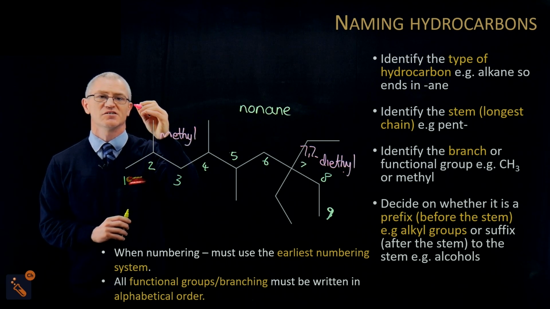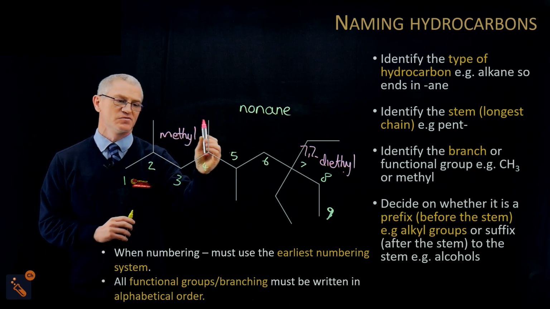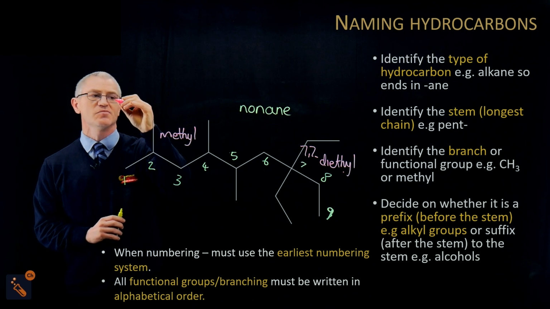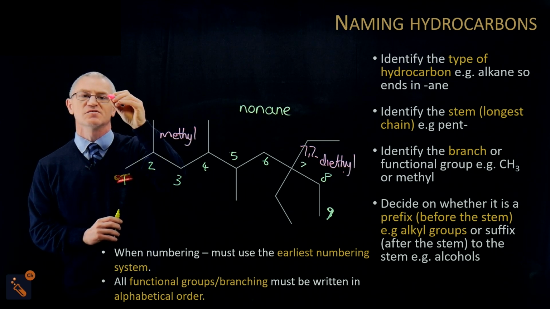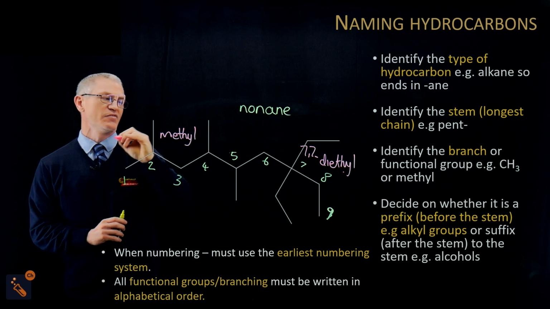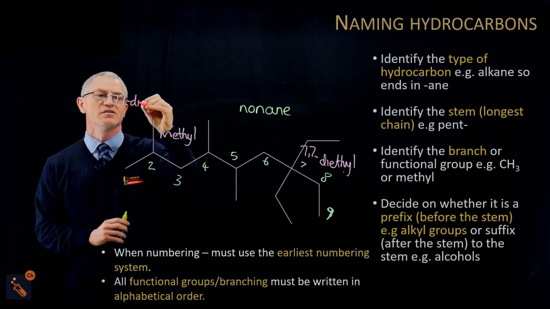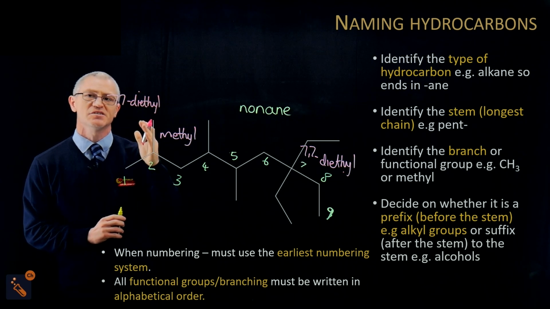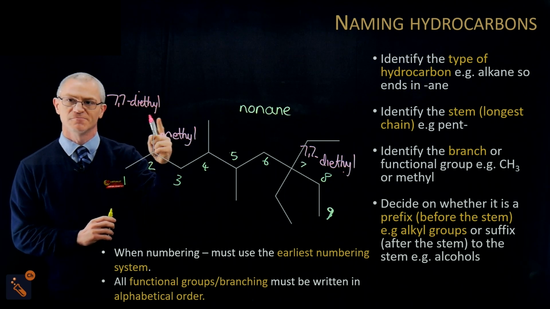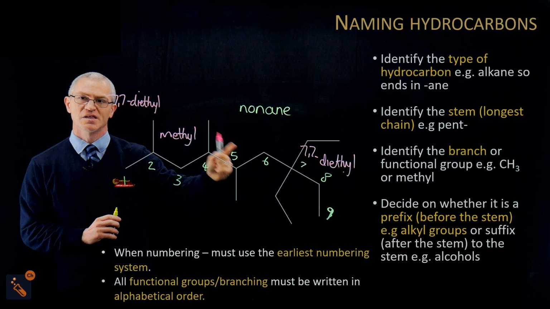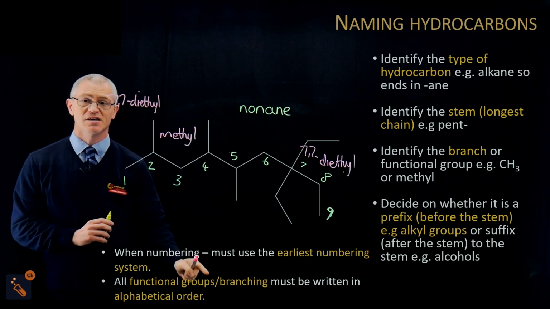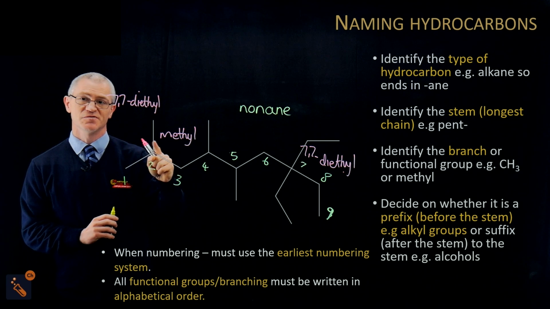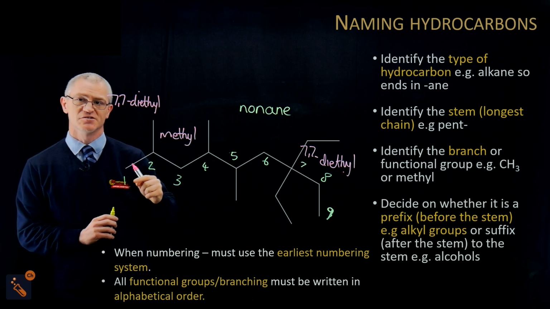So ethyl comes first, then methyl. So 7,7-diethyl. Done that, because of alphabetical order: E comes before M, so that's done first.